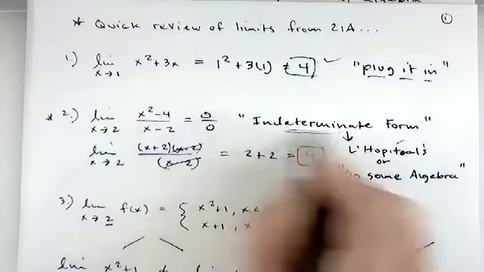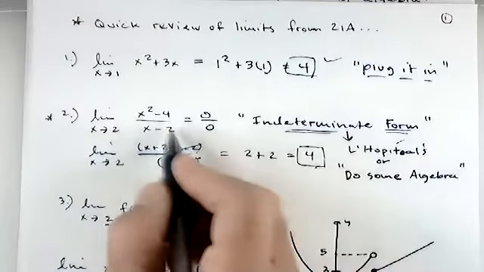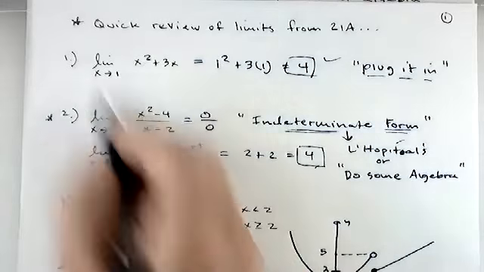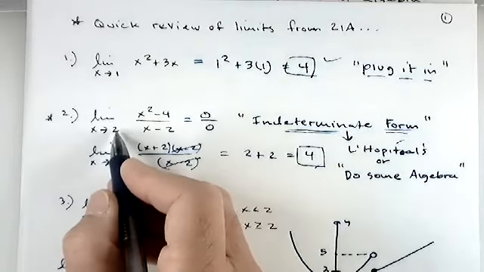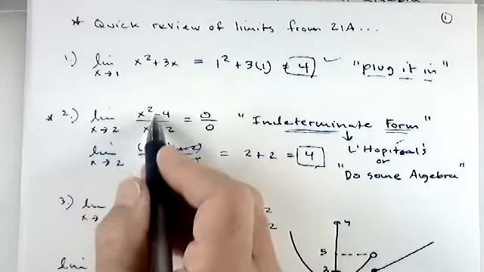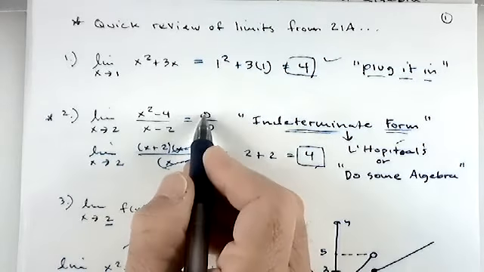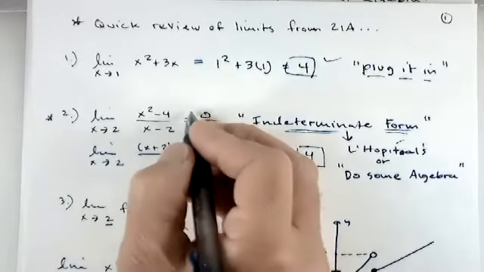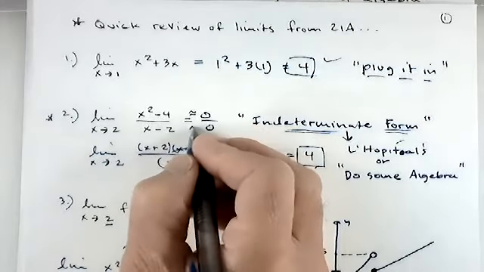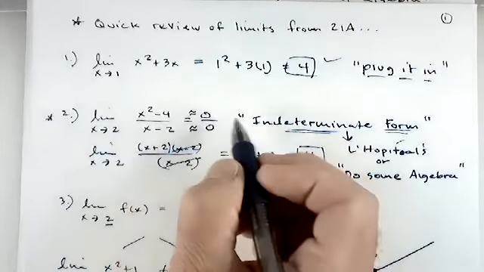But here's the difference. When we talk about indeterminate forms and limits, let's go back to the second one we did here on the 21A review. When we plug in 2 at the beginning and I write 0 over 0, remember how this works. I don't mean this is literally 0 over 0. What I mean is it's approximately 0 over approximately 0.